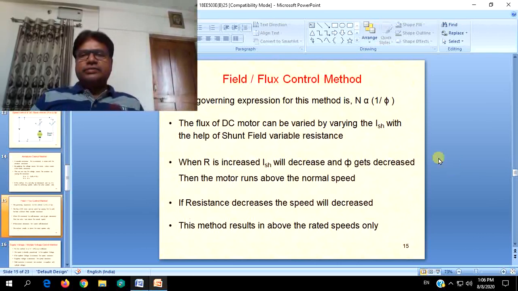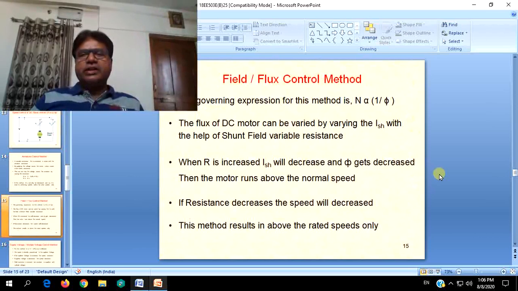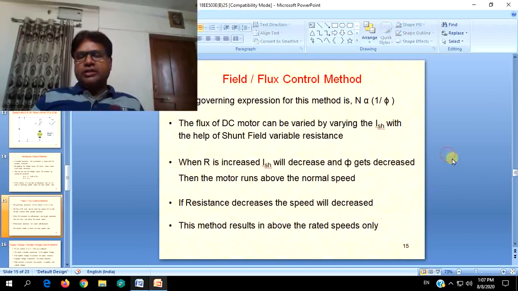And in case of field control, due to this resistance, field current will decrease, and as speed is inversely proportional to the field flux, as the flux is decreased, you can achieve speeds above the rated speeds only. So that is the difference between armature control and flux control.